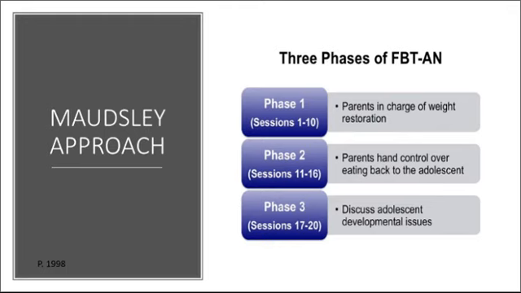Parents are in charge of weight restoration. They hand over in phase 2. Then they give the control back to the adolescent. In phase 3, they discuss adolescent developmental issues. So parents are in the first part, then the adolescent takes control, and then they work on developmental issues in the third phase.